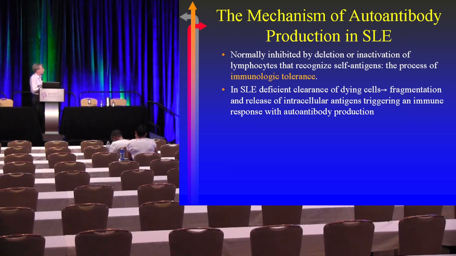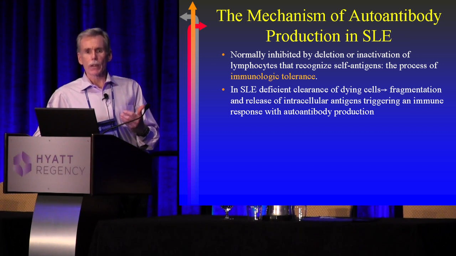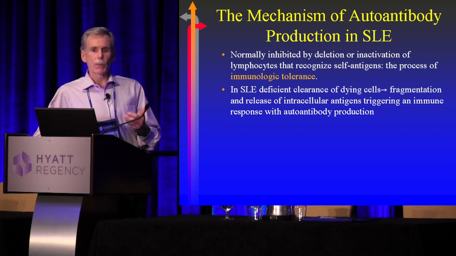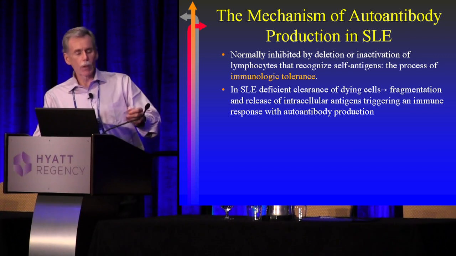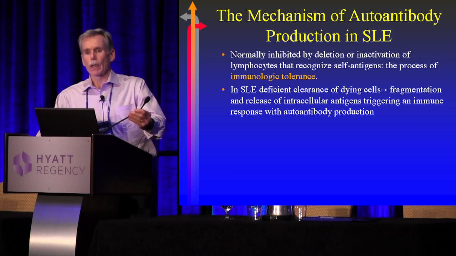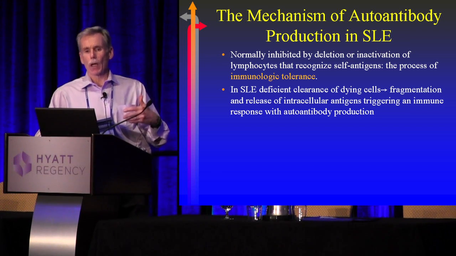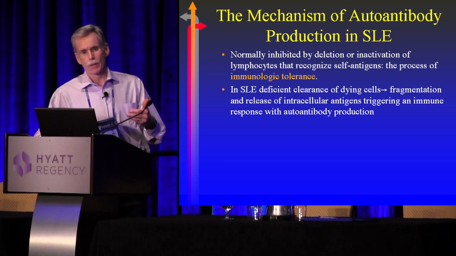So immunologic tolerance is what we all have that controls our own propensity to develop antibodies or an immunologic response to self. Perhaps a good example of immunologic tolerance is the tolerance that a mother has to her developing fetus, right?